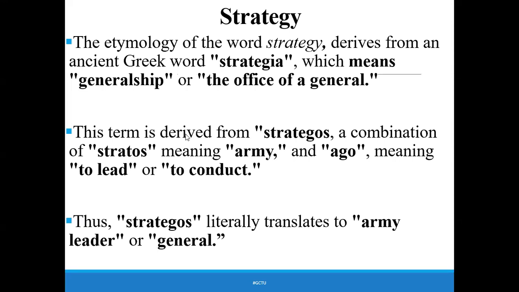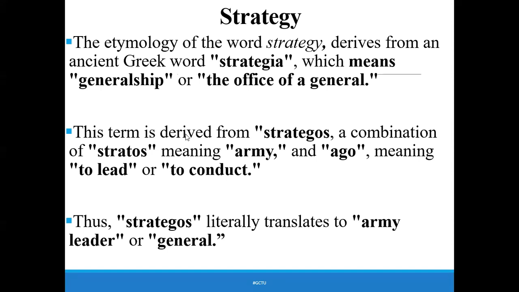And the concept of strategy originally referred to the art and science of planning and directing military operations. But over time, the relevance of this idea has found relevance beyond the military circles.